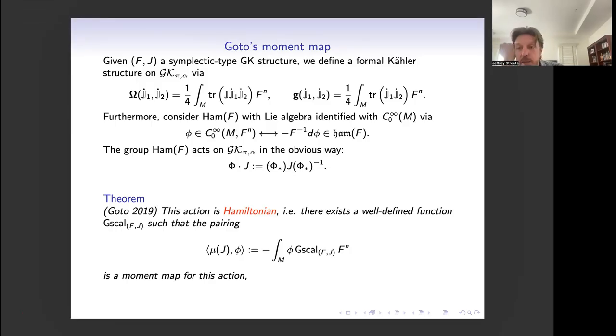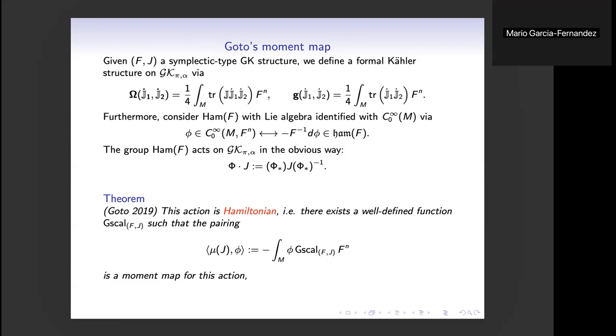Yeah, Mario. I see, related to my question before. Can the moment map picture be extended when you consider the automorphisms, the subgroup of automorphisms of the Courant algebra which fix one of the two generalized complex structures?